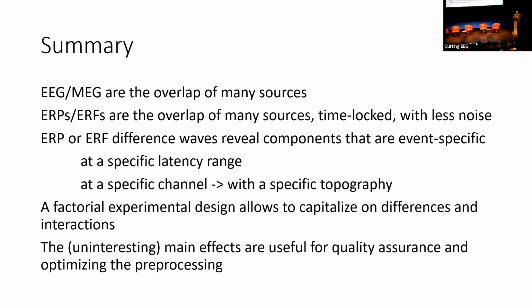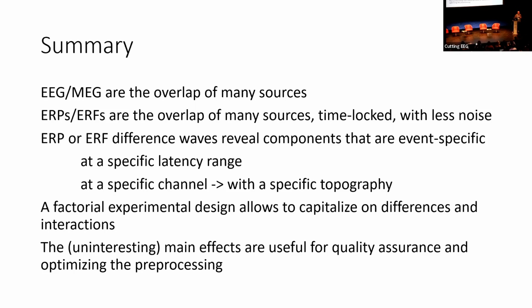And by doing our experimental designs in a factorial way, that allows us to capitalize on differences between conditions or in interactions between the different factors that we have. And the uninteresting main effects that we're often not interested in are still useful because we can use them for quality assurance, we can use them for optimizing our pipeline without double dipping.